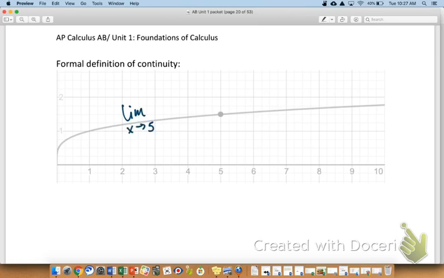Limit as x approaches 5 from the left of my function has to equal f of 5, and that has to equal the right-hand behavior as well. So the right-hand behavior, the left-hand behavior have to equal each other, and they both have to equal the actual y value of the function at that point.